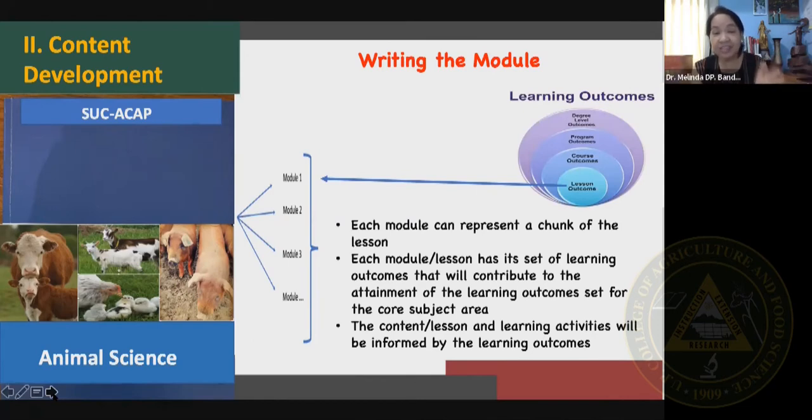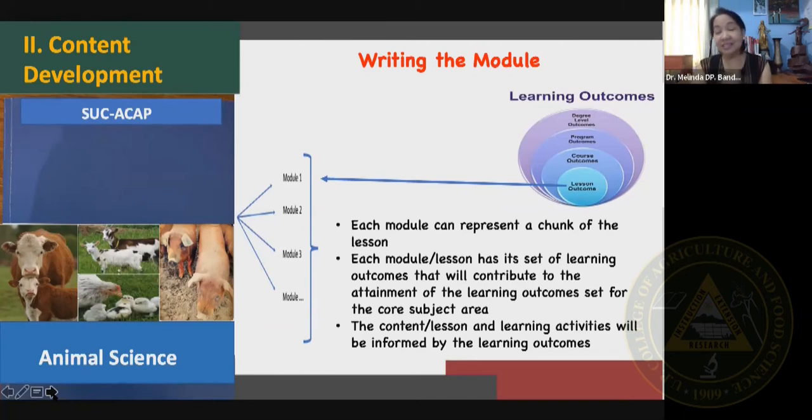Each module or lesson has its set of learning outcomes that will contribute to the attainment of the learning outcomes for the course subject area, and the content or lesson and learning activities will be informed by the learning outcomes.